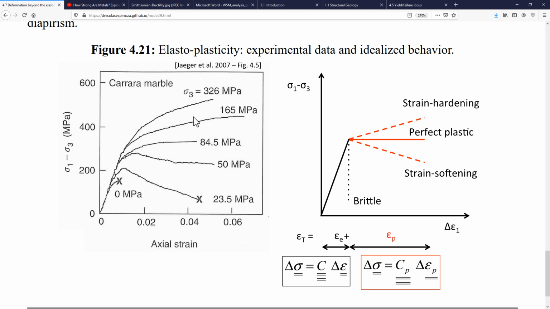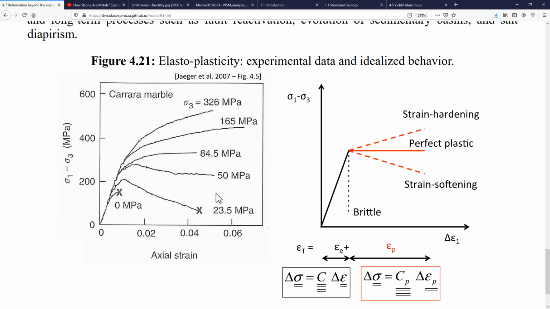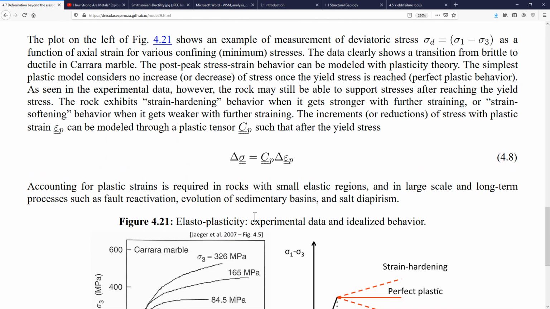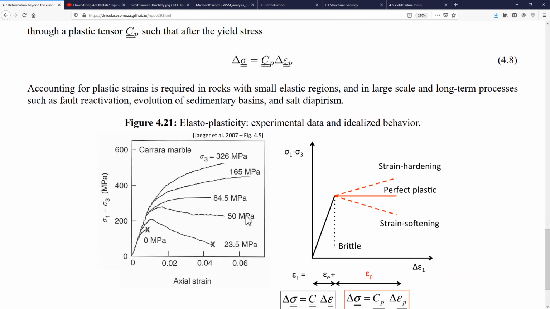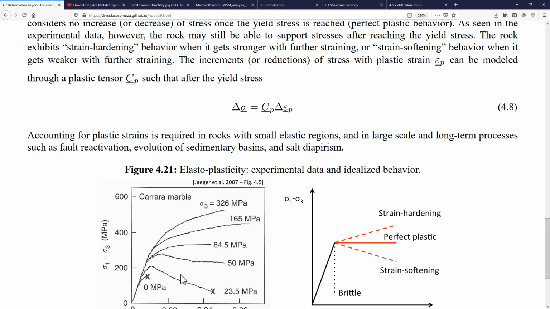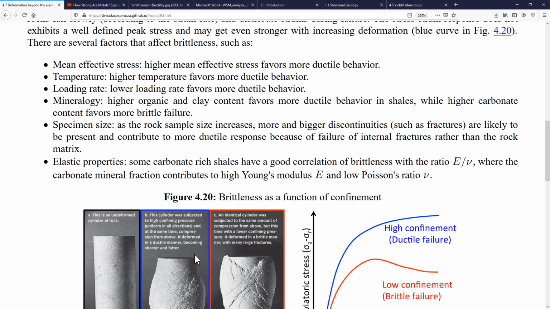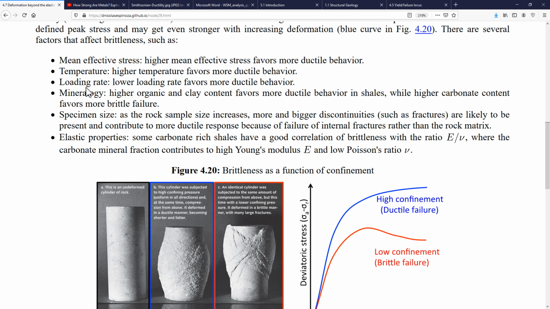One of those, and the one that we see over here, is confining stress. Also, temperature can result in this variation from brittle to ductile. You can imagine that as we increase the temperature, many rocks are going to start to get more ductile. So the higher the temperature, the more ductile rocks are going to become.